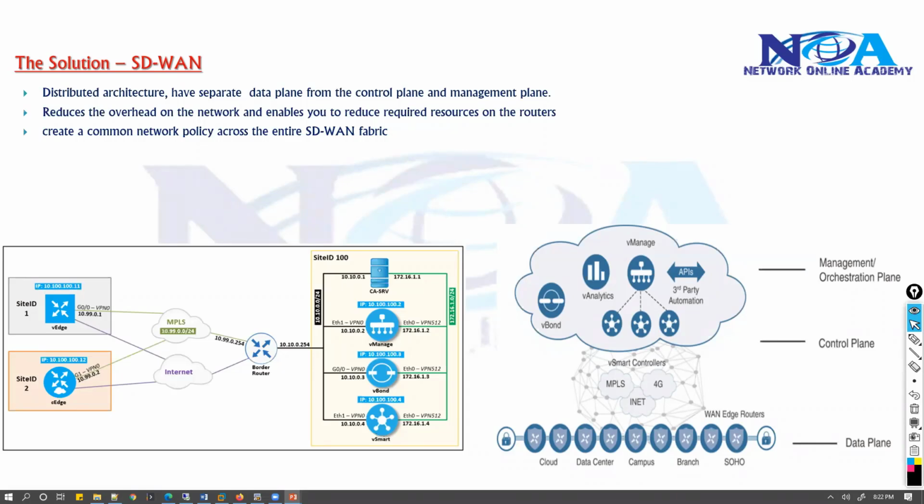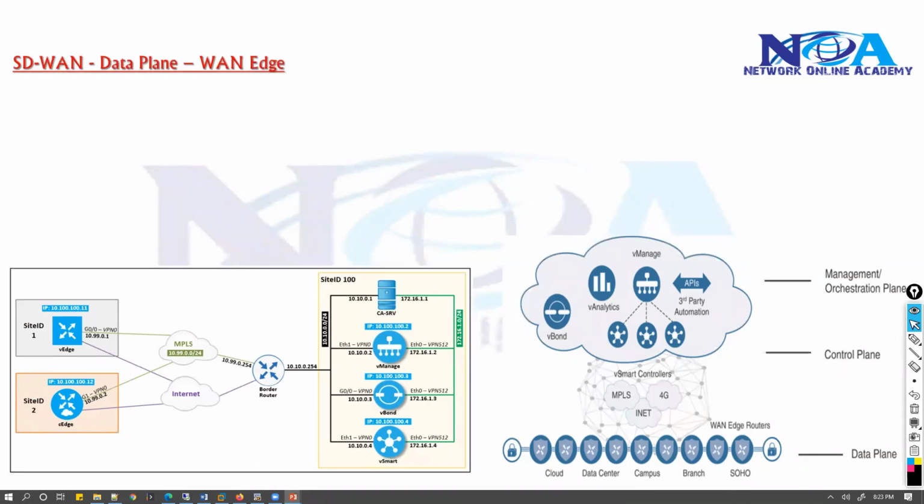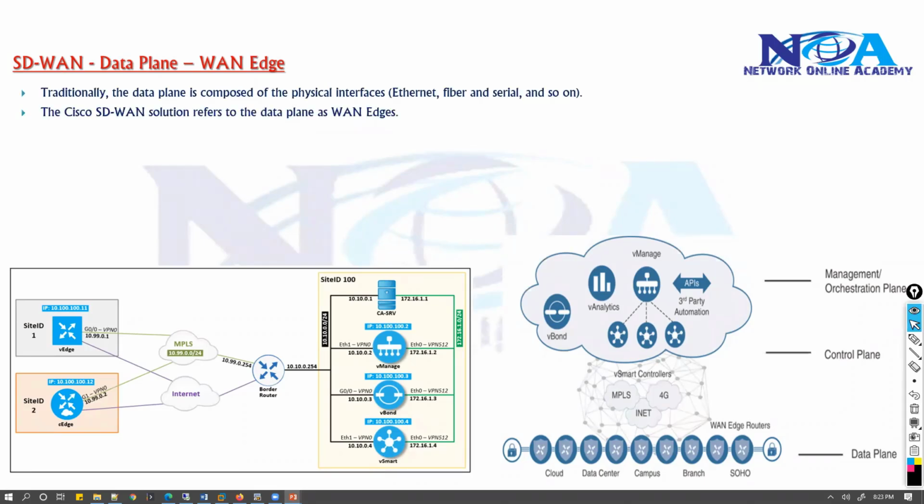Let's try to understand how the SD-WAN architecture is going to be different in terms of the data plane. In terms of data plane, we are not going to use traditional routers. In traditional networks, we have a router, let's say an ISR 4000 series router, or maybe a 2900 router.